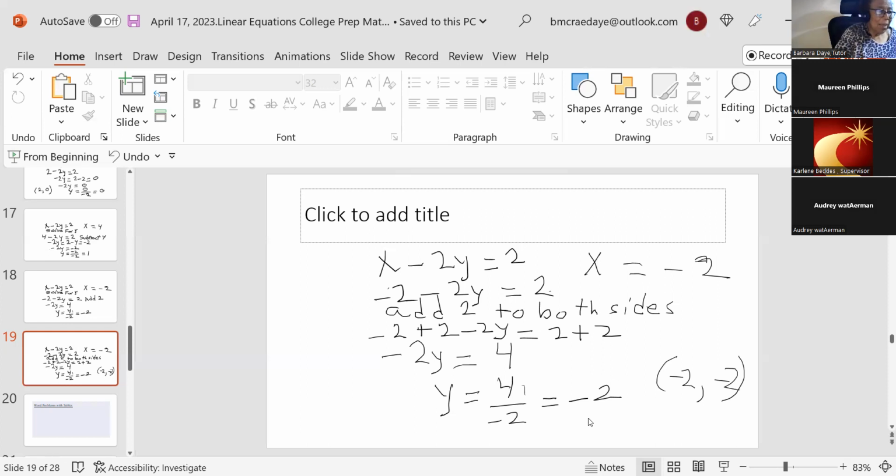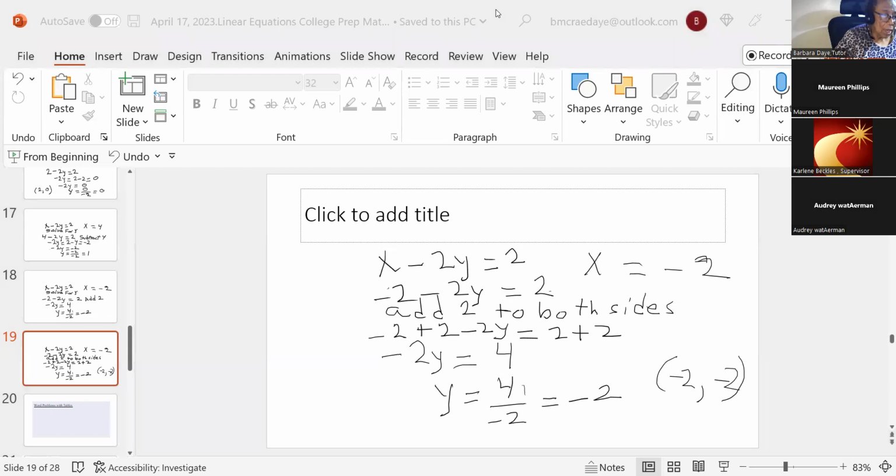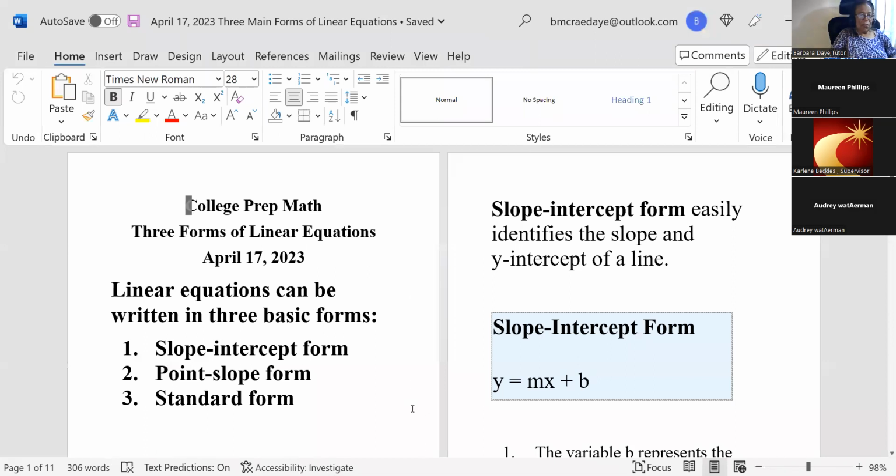Okay. Now, I want to look at the different kinds of, let me do a new share here. I want to look at the 3 main forms of linear equations. There are 3 basic formats of linear equations: the slope-intercept, the point-slope, and the standard.